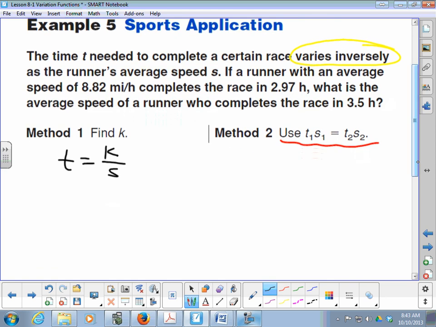So, really nice. 8.82 times 2.97 equals 3.5 S. So we set it up with the variables we know, T and S, and plug in what we know and find the missing part.